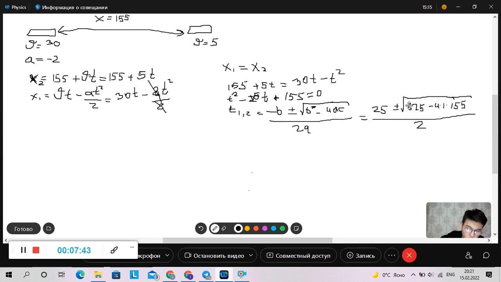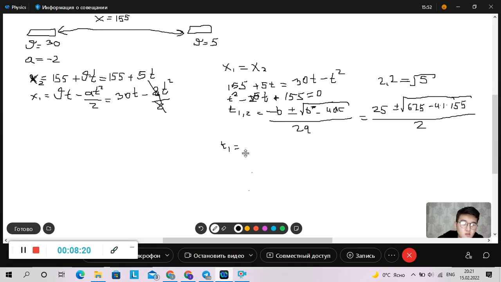In this root, this will be 5 in root, and the 5 root is equal to 2.2. Then just write t1 and t2. For t1 we need to plus, and for t2 we need to minus.